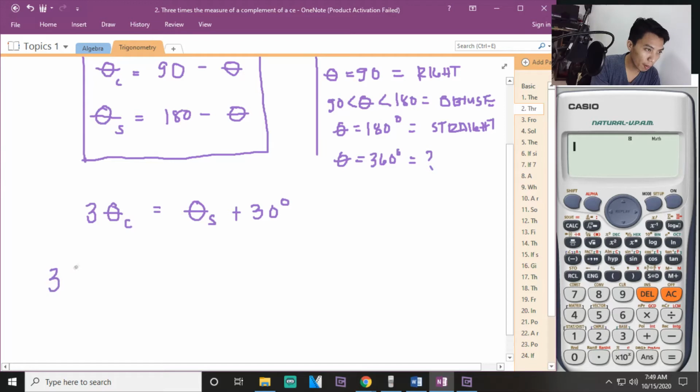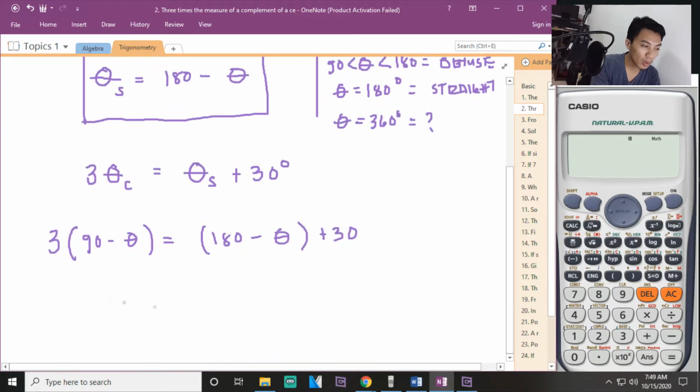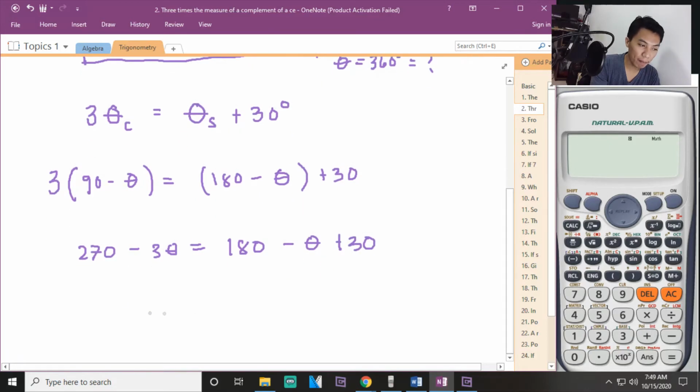So, 3 multiplied by 90 minus theta equal to yung 180 minus theta plus 30. Yun. So, 3 times 90, that is 270 minus 3 theta equal to 180 minus theta plus 30.